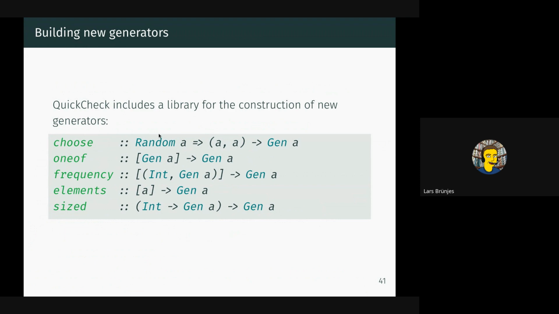By now I think in the assignments this random was introduced, right? So there's a random type in the base libraries that allows you to generate random A's, and using that there's, for example, this choose generator that generates random values uniformly distributed in an interval.